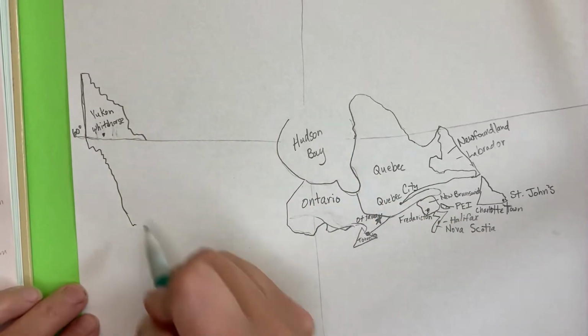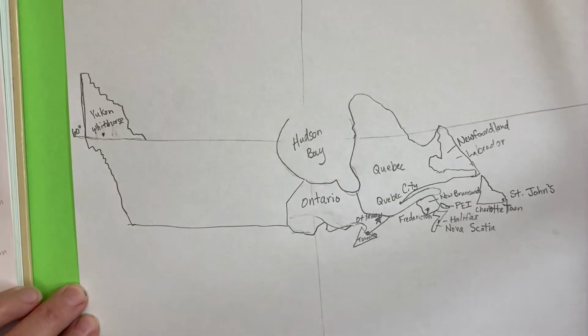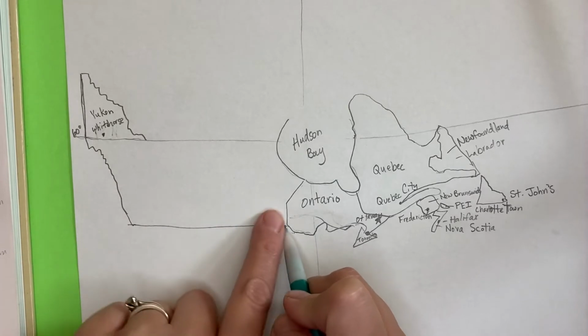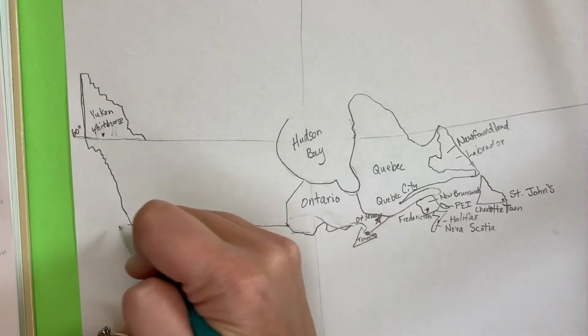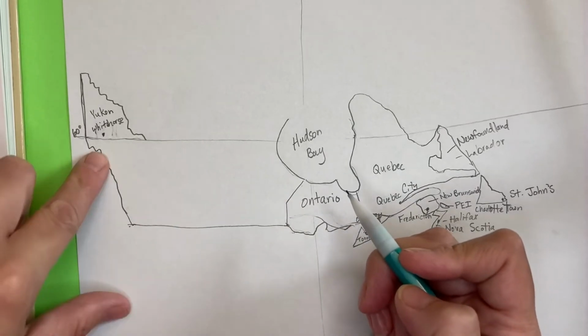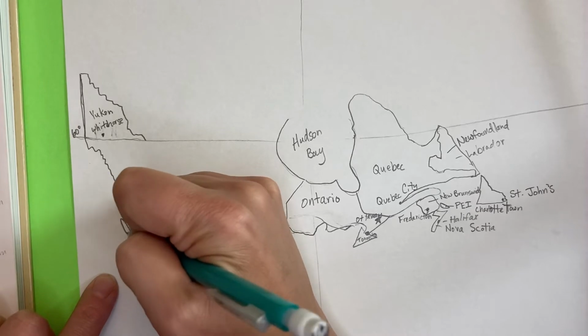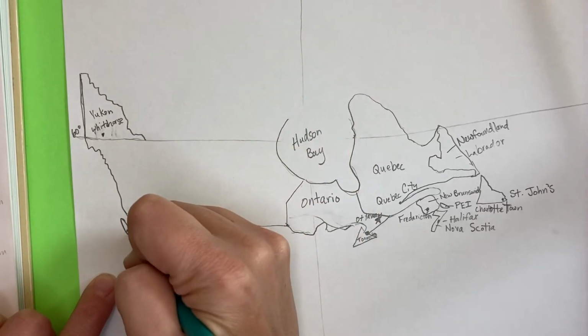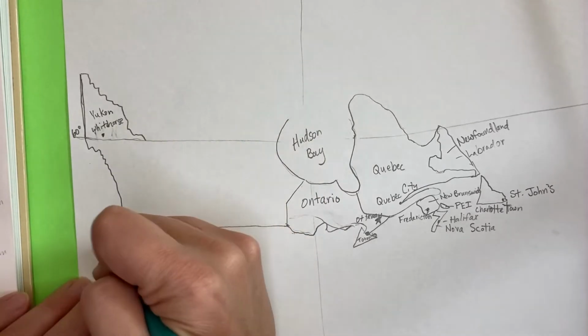Okay, we want this all to be kind of in the same line. So if you want, you can go ahead and take that line on Ontario and put it all the way over, okay? All right, and then we also need to draw an island because Victoria is the capital of British Columbia and it is on an island.